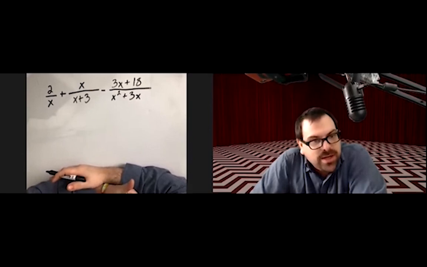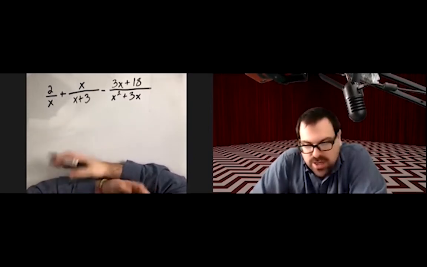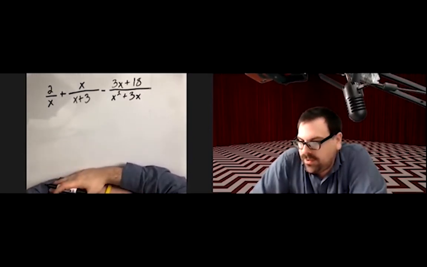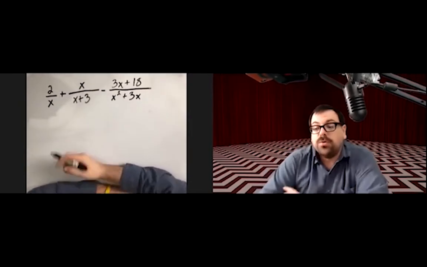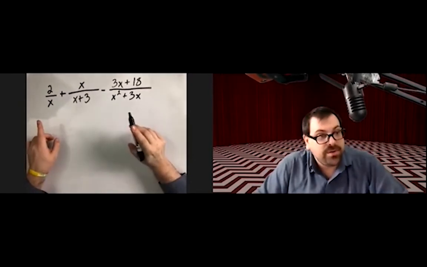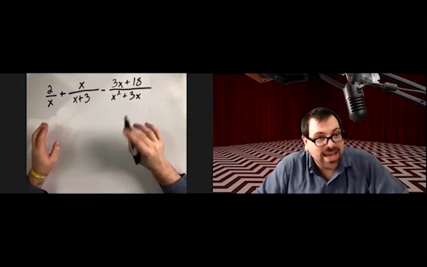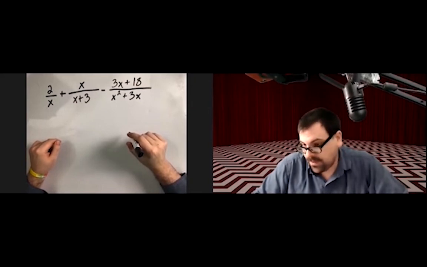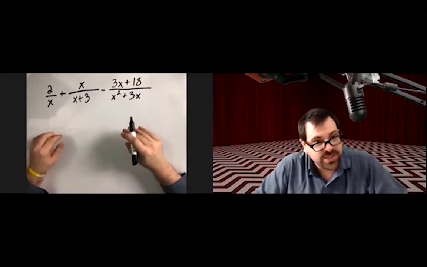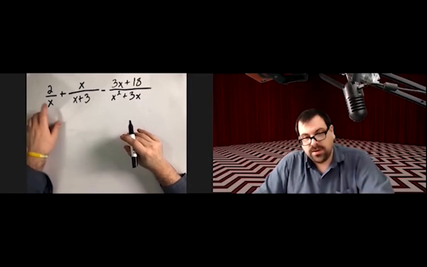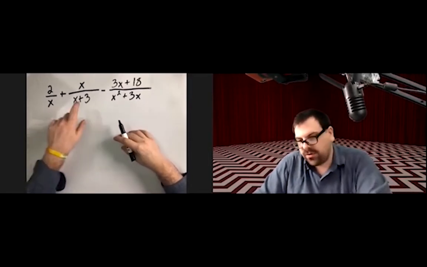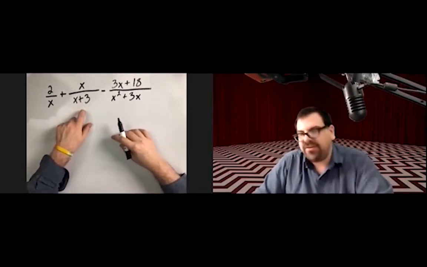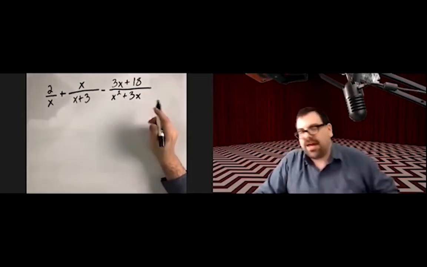Get a common denominator on the bottom, add and subtract across the top. So, first step, factor anything that we can in the denominators. Don't worry about the numerators, just the denominators. X doesn't need to factor further. X plus 3 doesn't need to factor further. That one can.